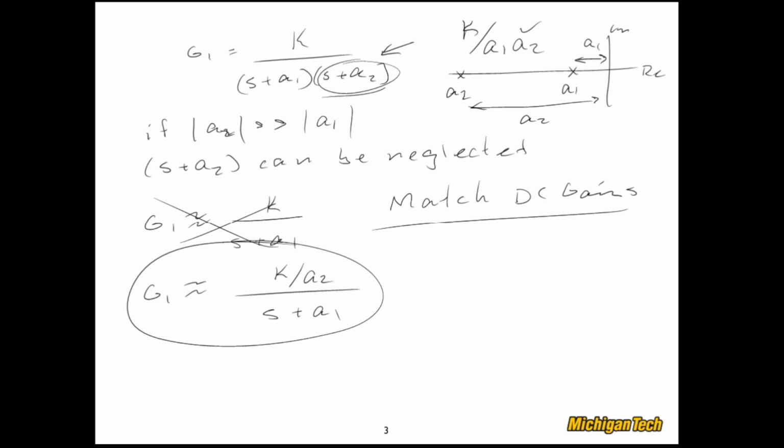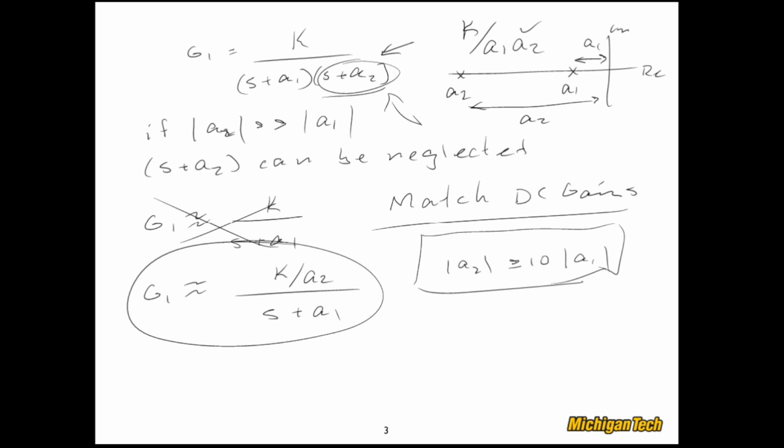Now you might say, well, how far does far have to be? It depends on how accurately you want your approximate system to match the original system. So it depends on what your needs are. But a conservative rule of thumb would be to say that if A2, that distance, is greater than or equal to 10 times the A1 distance, then you can neglect it.